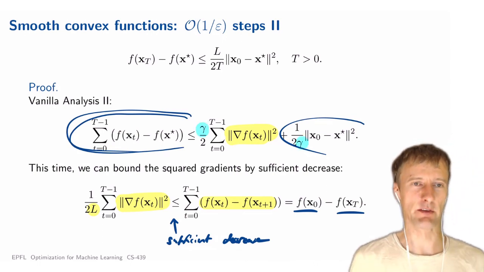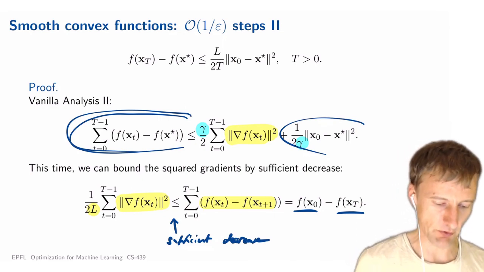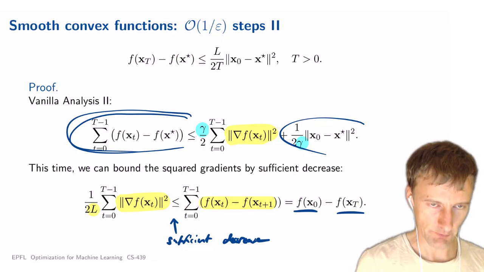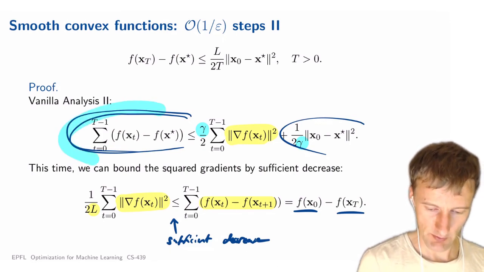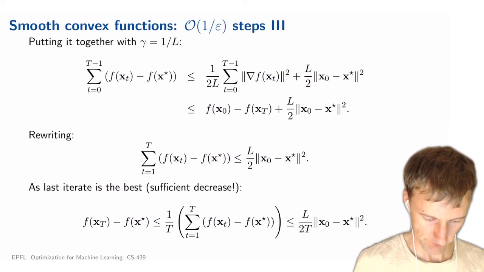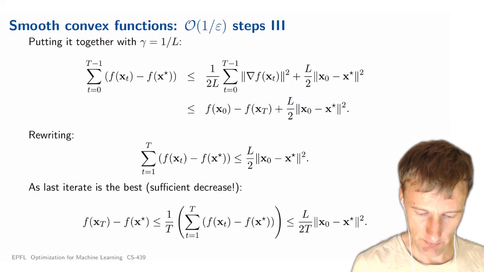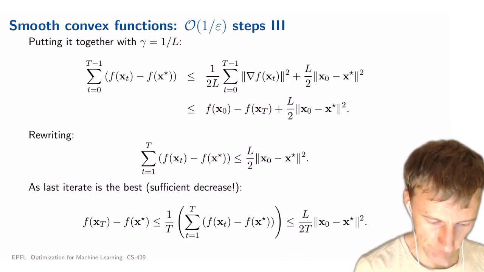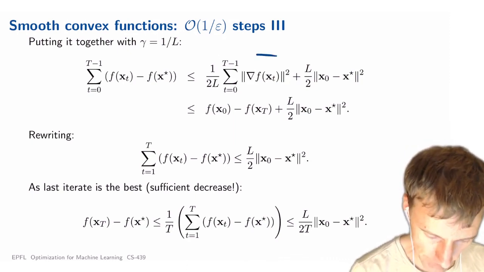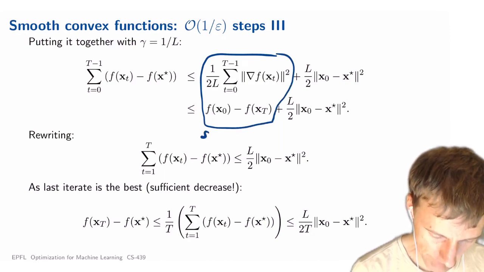So I'll plug in 1 over L here and see what remains from the vanilla analysis. On the left side I will do nothing, and on the right side I will plug in what we just said. So that's what remains here, nothing on the left side. Here the sum term is the sufficient decrease, what we just discussed.